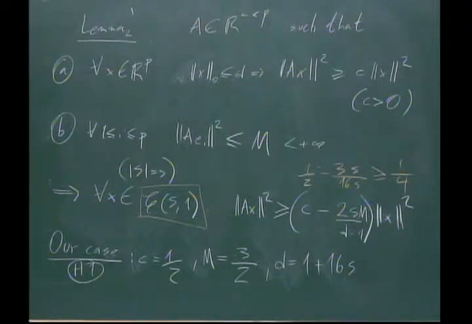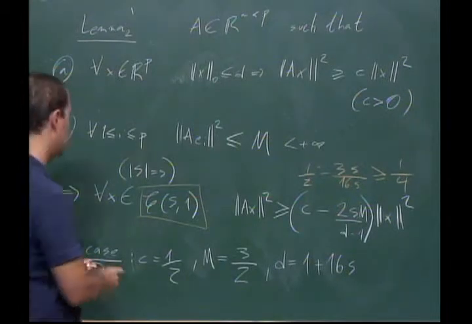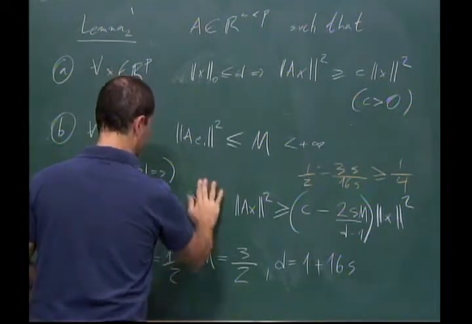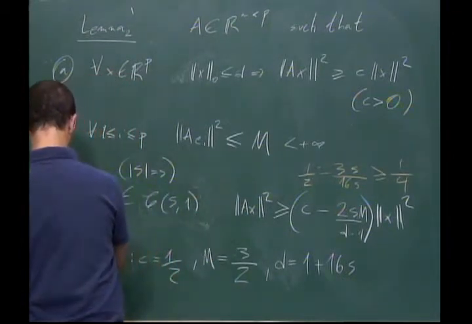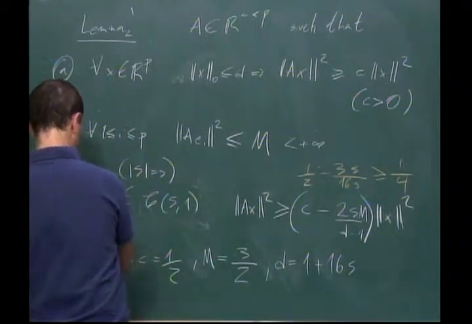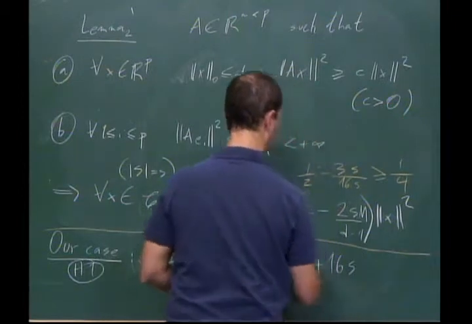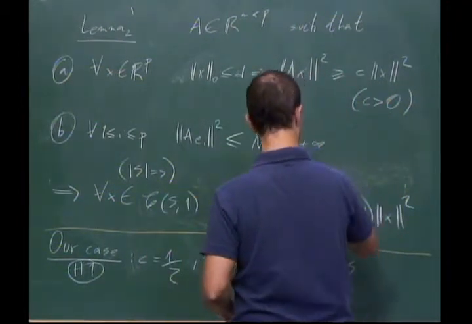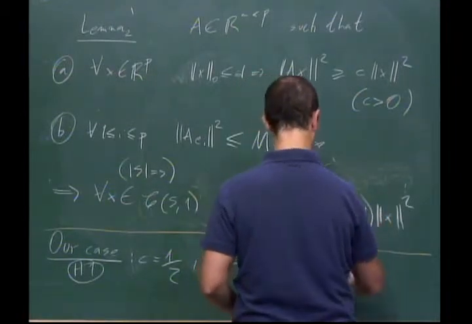So again, the lemma I'm going to prove is just this statement here with no orange. I'm going to call this constant C prime.